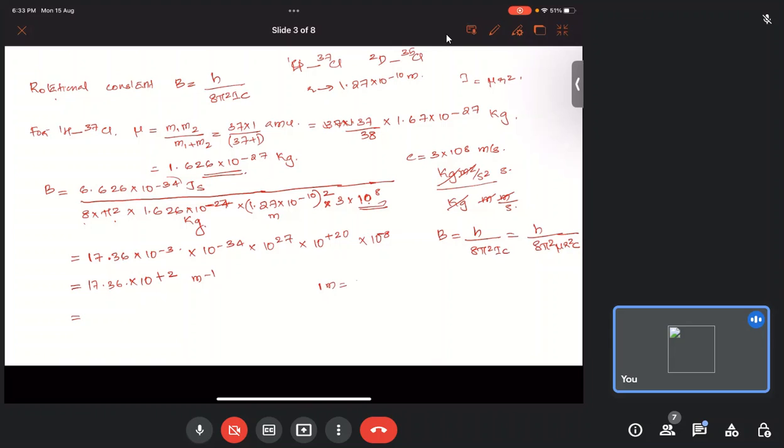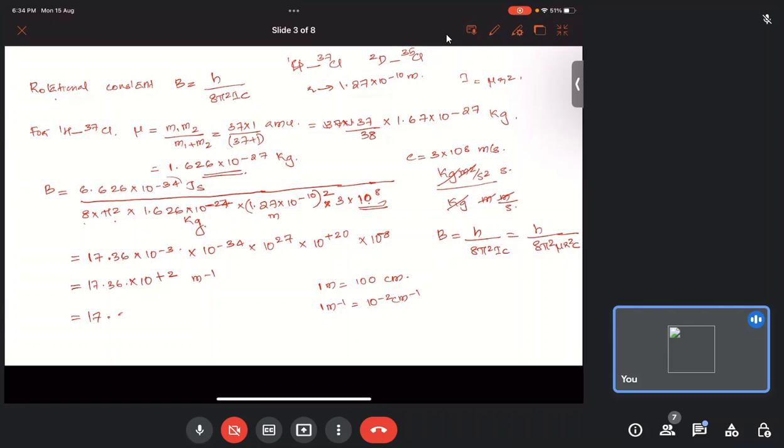One meter is equal to 100 centimeters. So 1 meter inverse is 10 to the power minus 2 centimeter inverse.